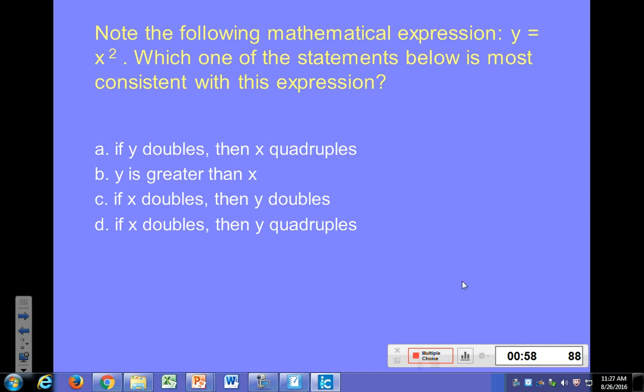Alright, I'll stop at 110. They're doing better than I expected, but we're still sort of all over the board. 110, I'll stop. 5 more seconds.